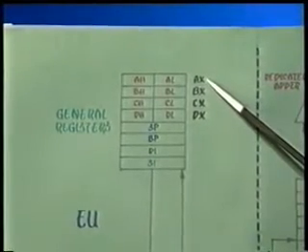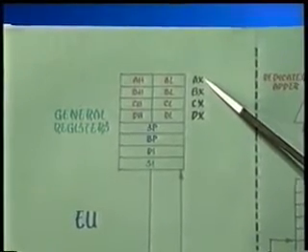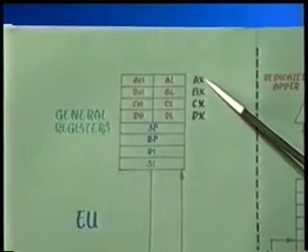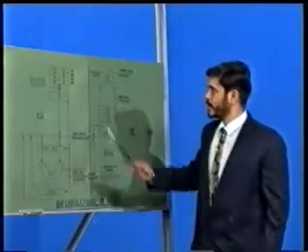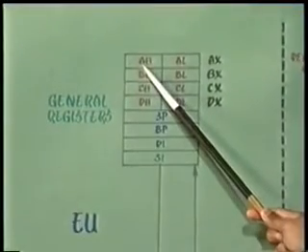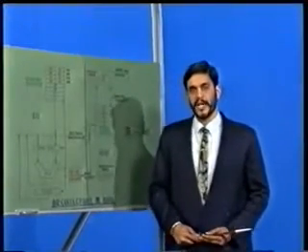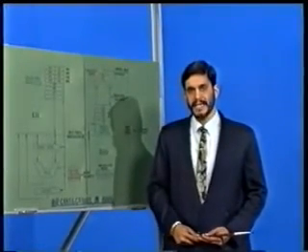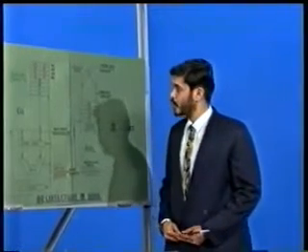AX can be used as a 16-bit register and is called the accumulator. It can also be used as two 8-bit registers, the lower byte AL and the higher byte AH. In addition to serving as general purpose registers, BX, CX, and DX also have certain special roles to play.